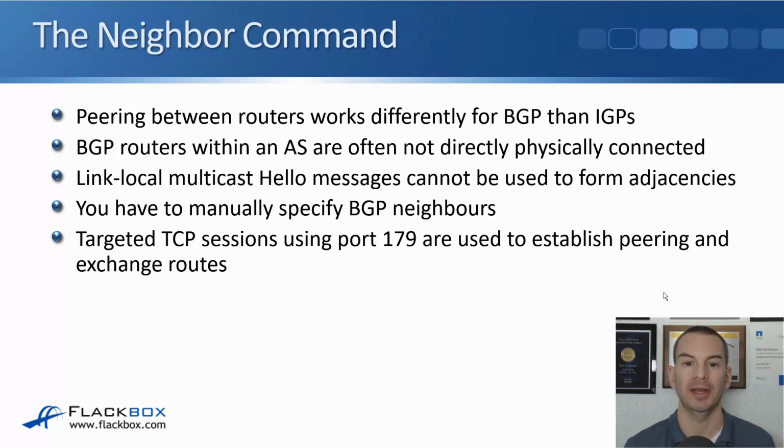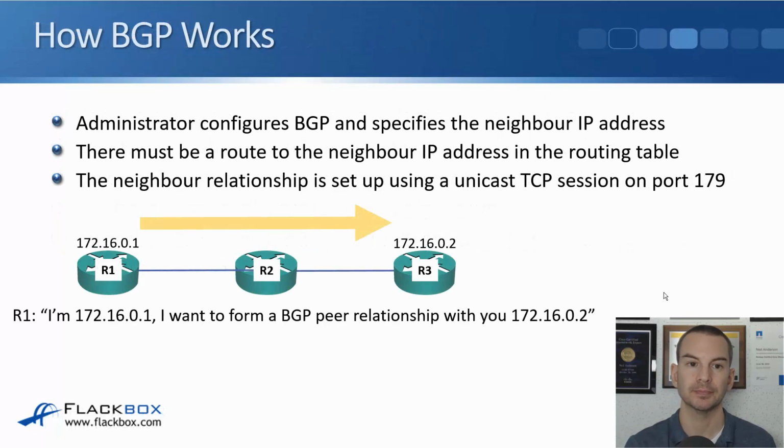With BGP they're often not directly connected, so that isn't going to work. You have to manually specify the BGP neighbors. You use a neighbor statement and specify the IP address of the other router that you want this router to peer with. Targeted TCP sessions using TCP port 179 are used to establish the peering and also to exchange routes once the peering has been done.